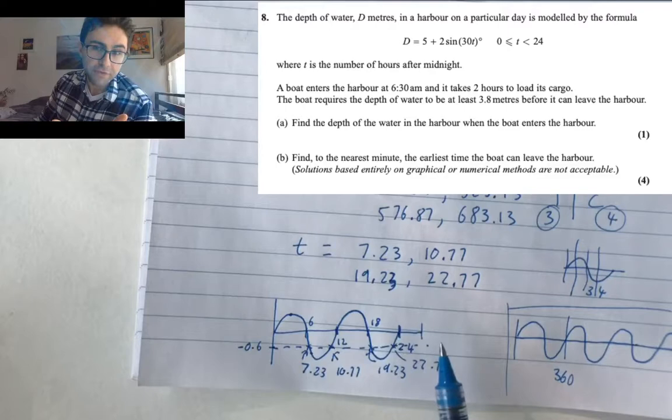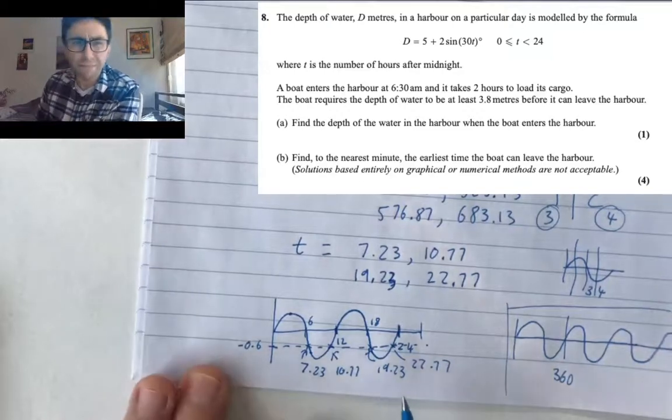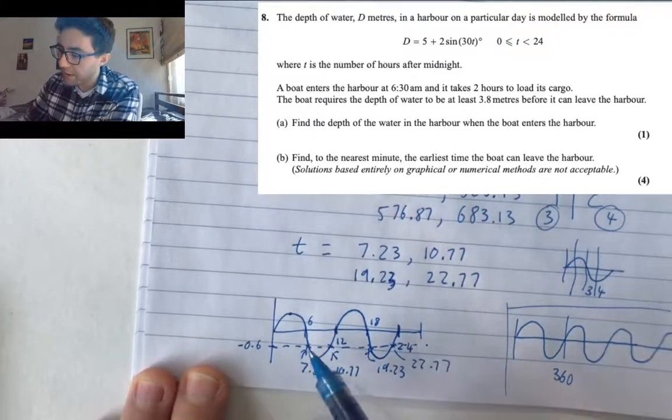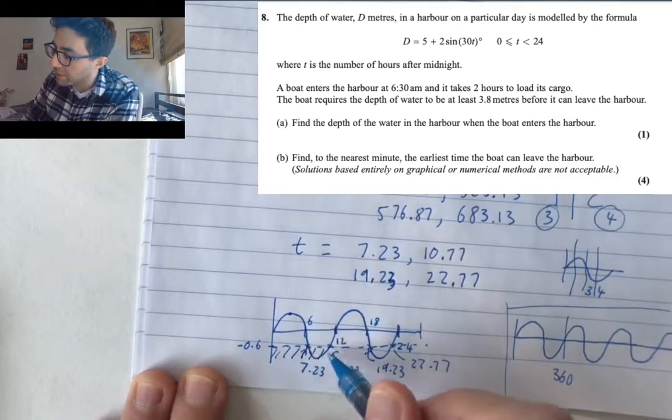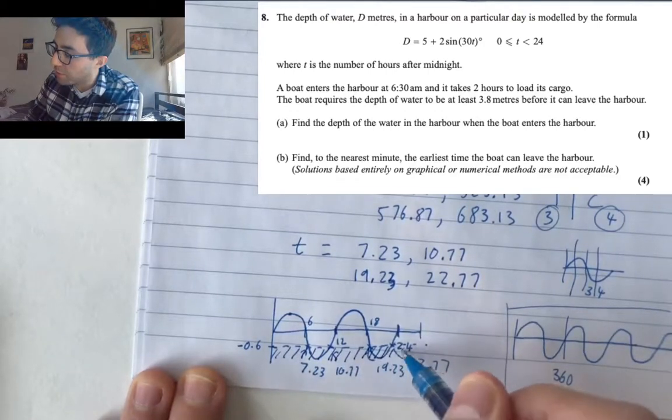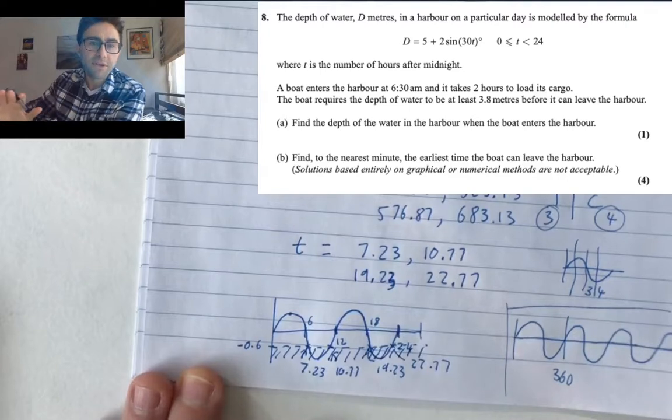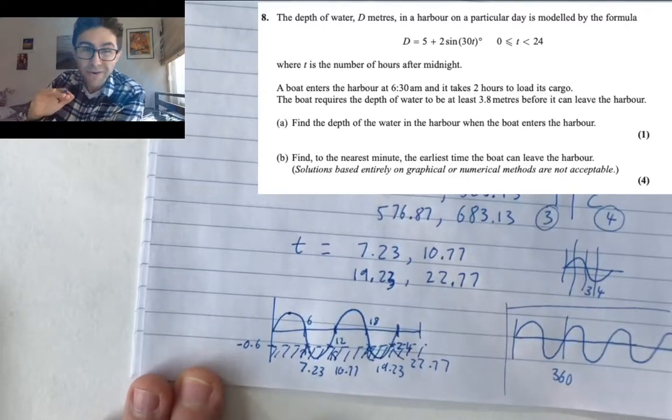And where the sine graph is bigger than minus 0.6 is things up the way. So if you like, I just slightly shade out the bit below to let you know we're not interested. During that shaded area, the boat cannot leave the harbour.